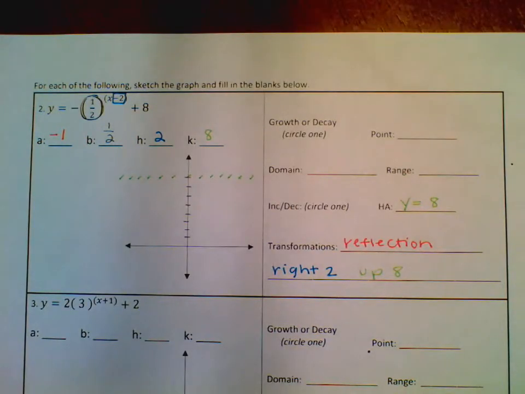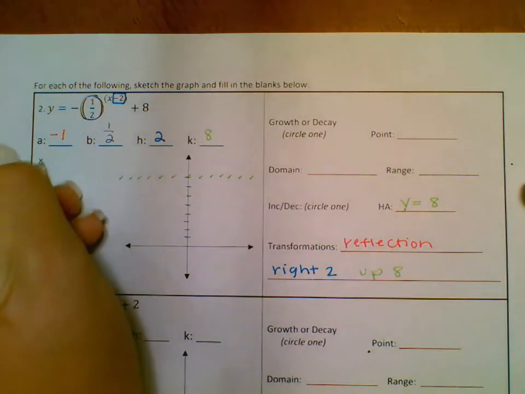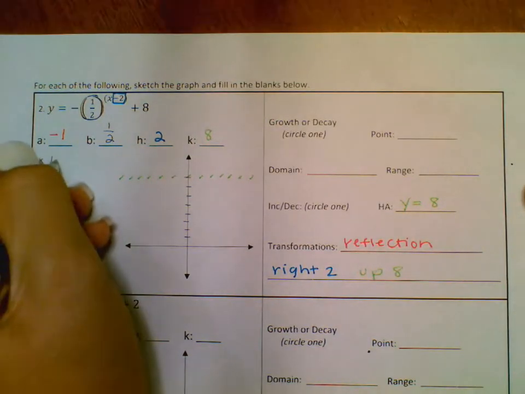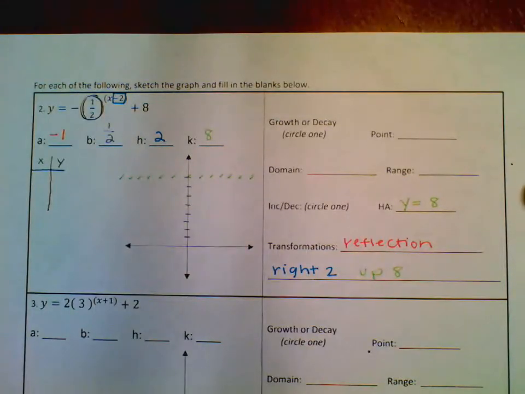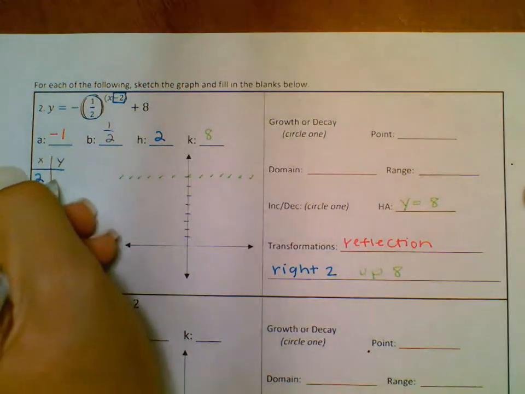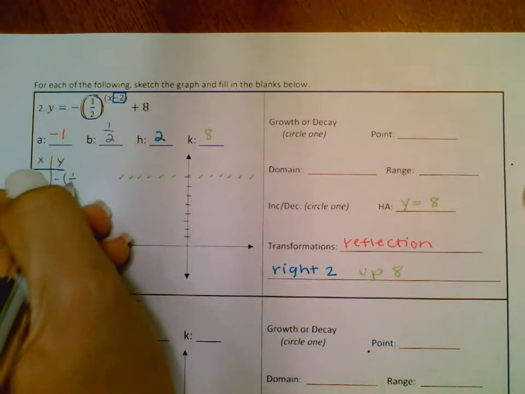All right, the next thing I need to do is find my point. When I find my point, my X value is my H value, the opposite from the equation. So it will be a +2. And I'm always using that H value because that's going to make the exponent 0, which actually makes the point way easier to find.